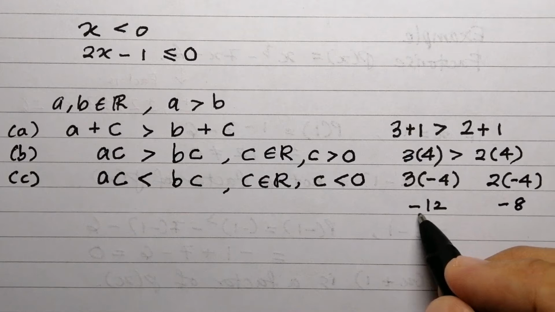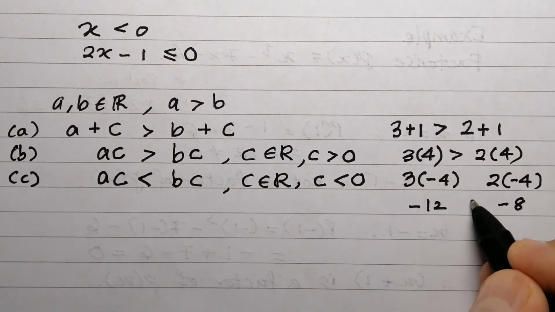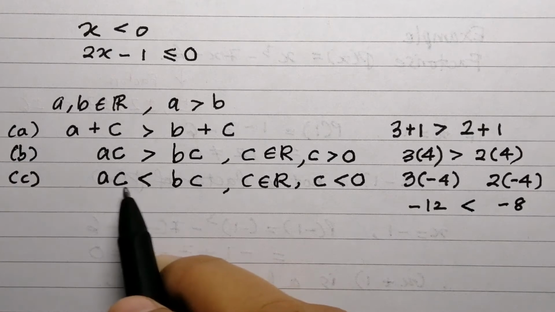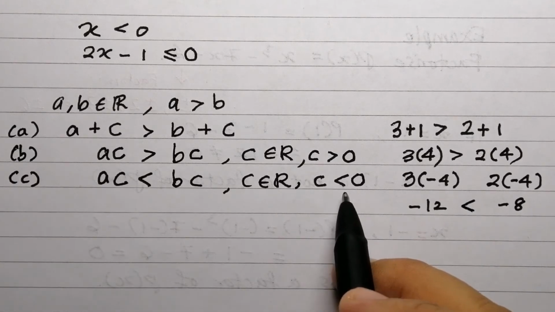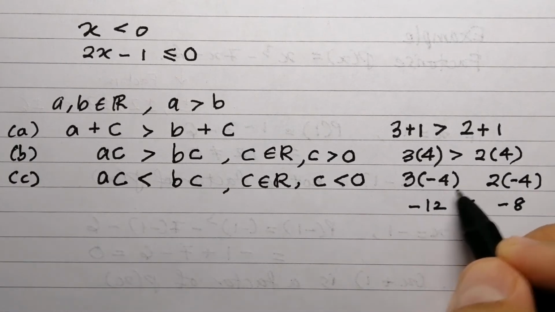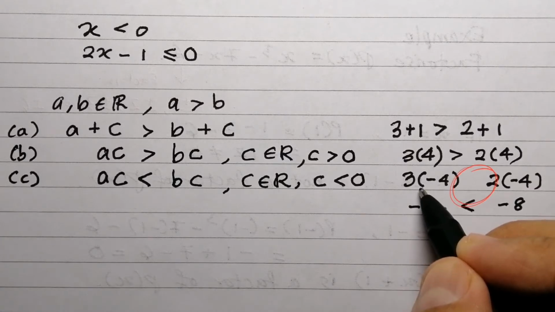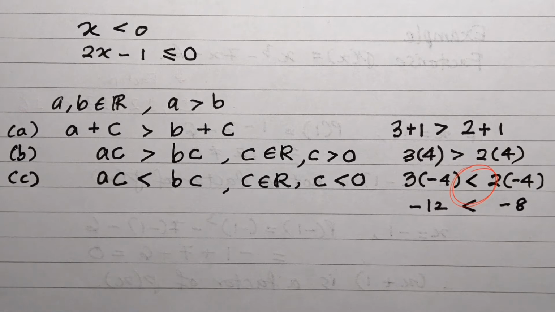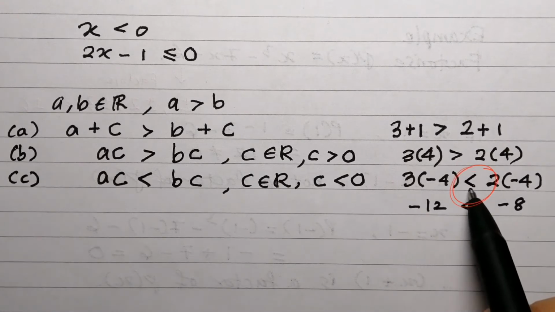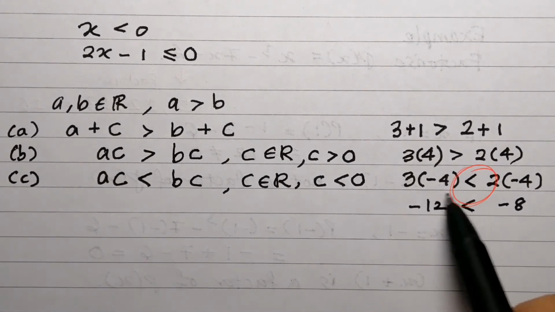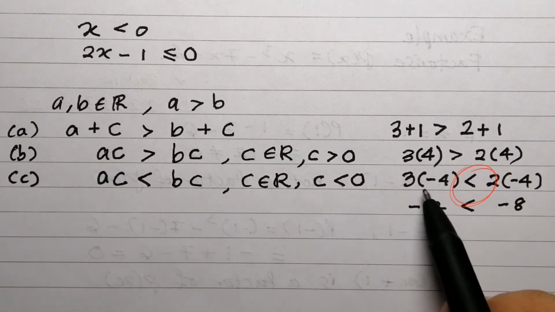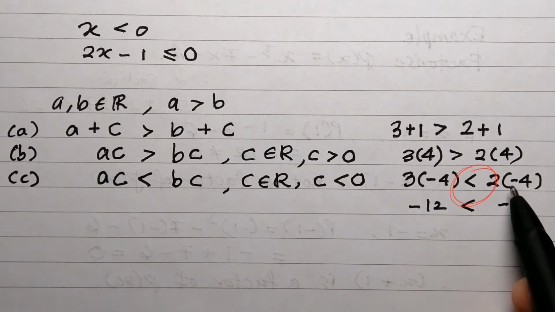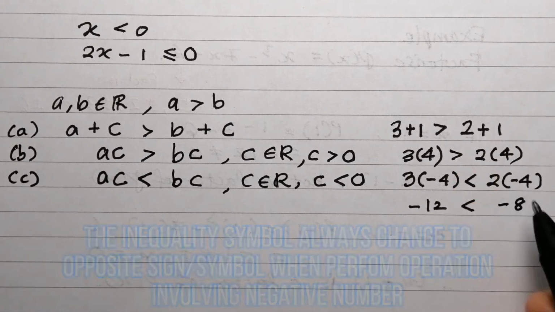Look at the values here: negative 12 is less than negative 8. At the beginning 3 is bigger than 2, so when we multiply by a negative number, the inequality is changed.